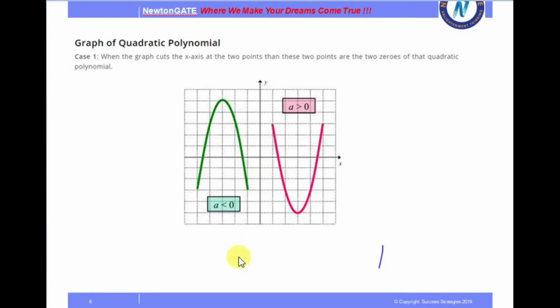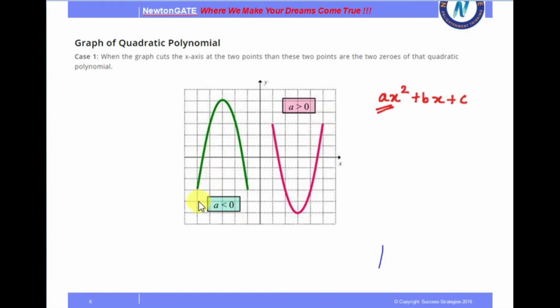Now, in this case, we have taken a graph where a is less than 0. Now, what exactly is a? If you remember, we had taken the general form of a quadratic equation as ax square plus bx plus c equal to 0. Or this is the polynomial representation of a quadratic polynomial. Now, here the coefficient of x square, if it is greater than 0, the graph of a quadratic polynomial will look like this.